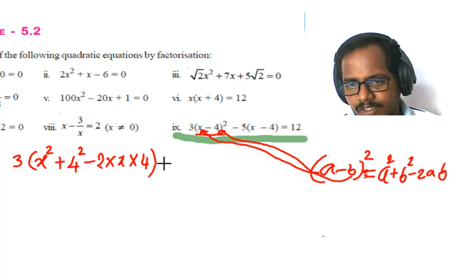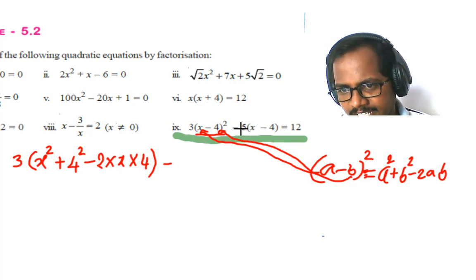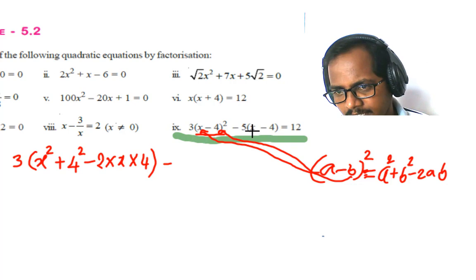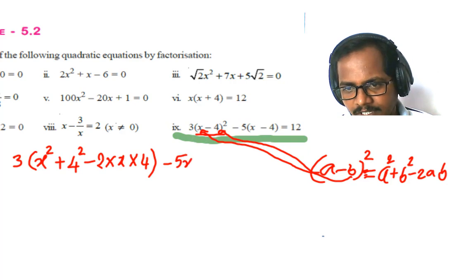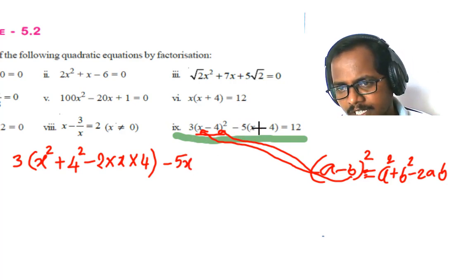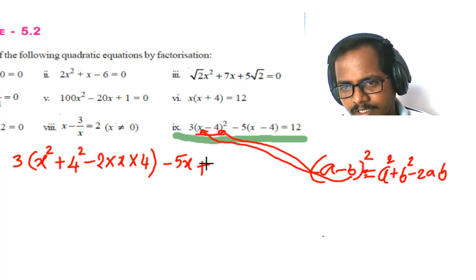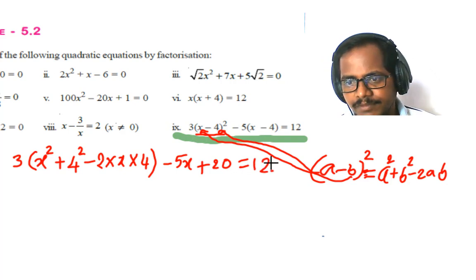And next, we have to multiply this minus 5 into the inside of the bracket. 5 has a negative sign, and inside the bracket the x has a positive sign. So minus into plus we get minus, and 5 into x, 5x. And again by multiplying minus 5 with minus 4, minus into minus we get plus, 5 4s are 20, which equals 12.